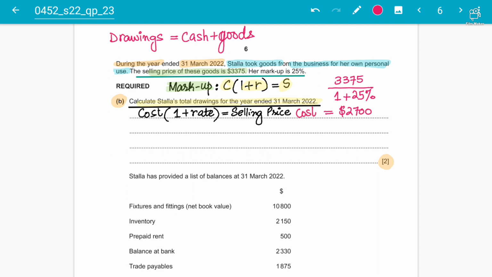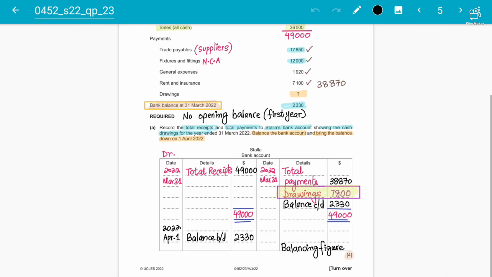This is 1 mark. The other mark you will get once you find the total drawings, which is the cash drawings plus the drawings on the goods. So it will be 2,700 plus the previous drawings that we figured out in the previous part, which was 7,800.